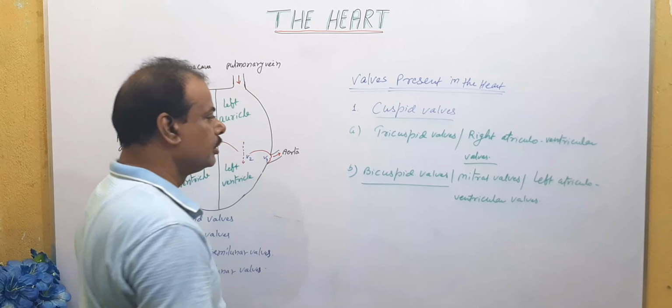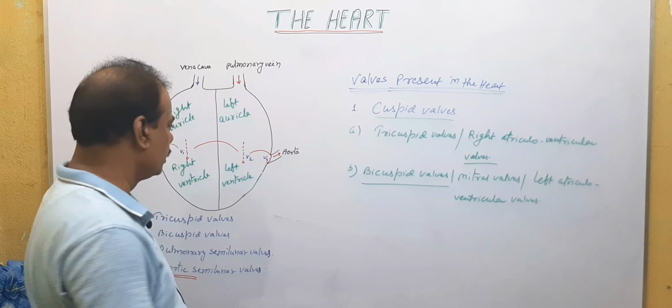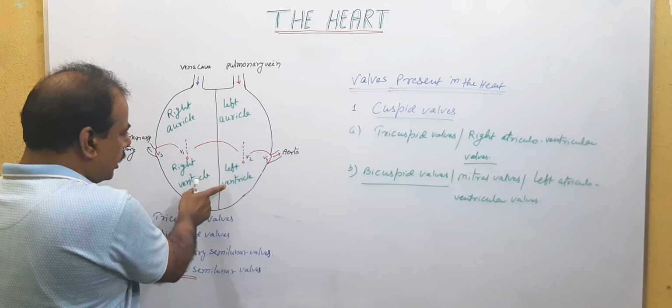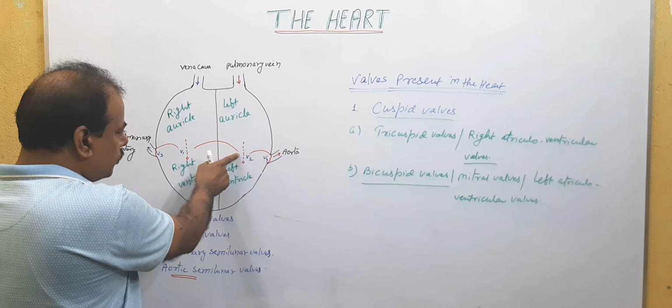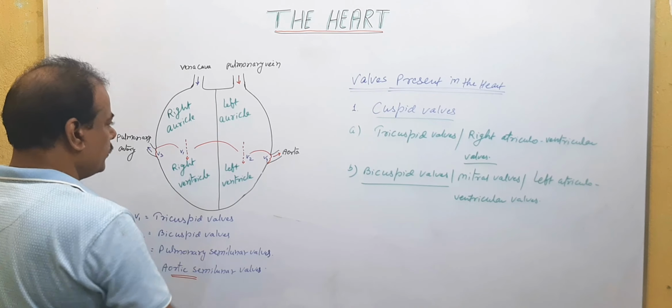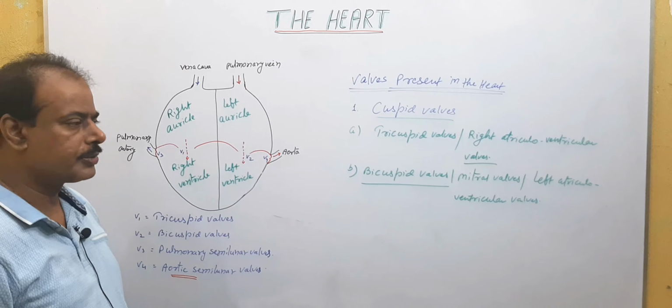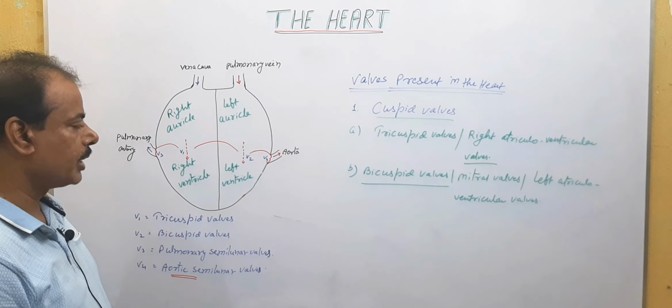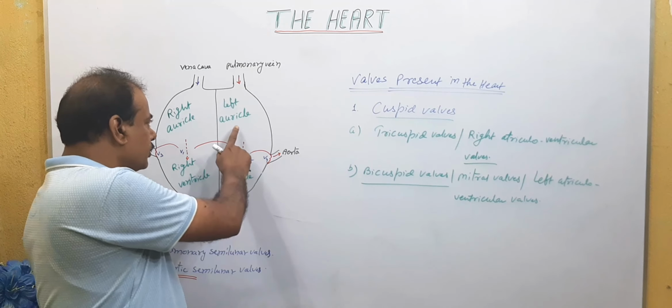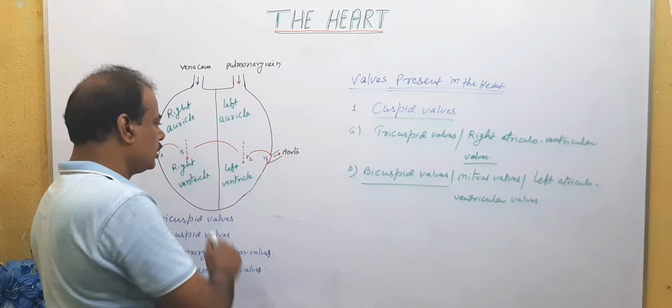Bicuspid valve is located between left auricle and left ventricle. Here it is V2. V2 means bicuspid valve. So bicuspid valve has two cusp-like structures, and it is located between left auricle and left ventricle.